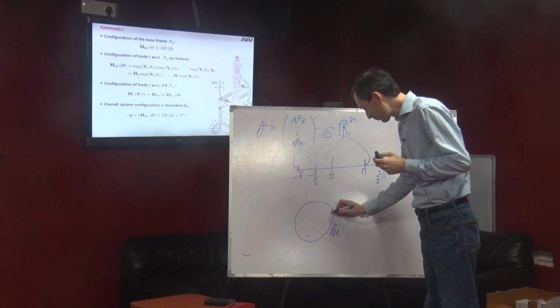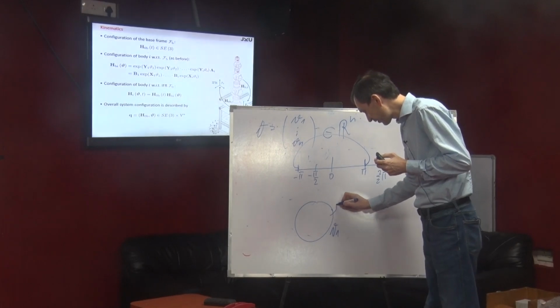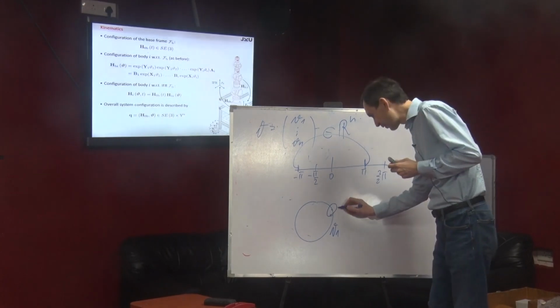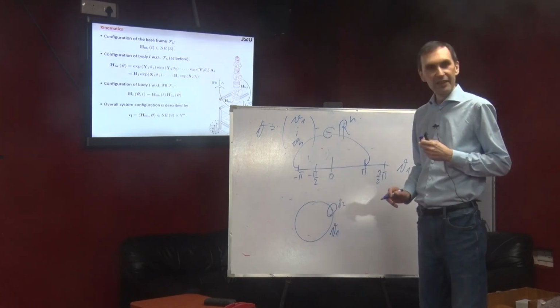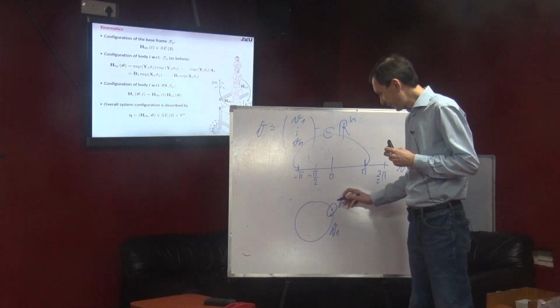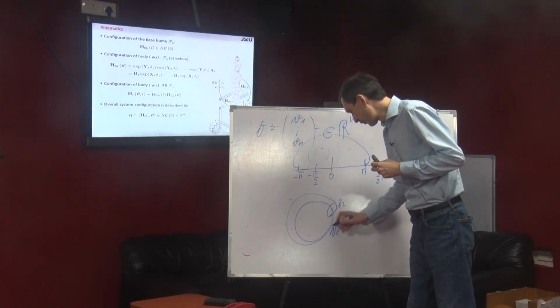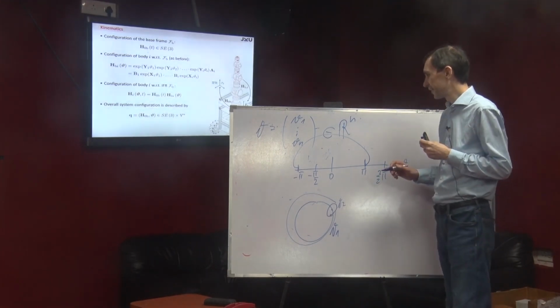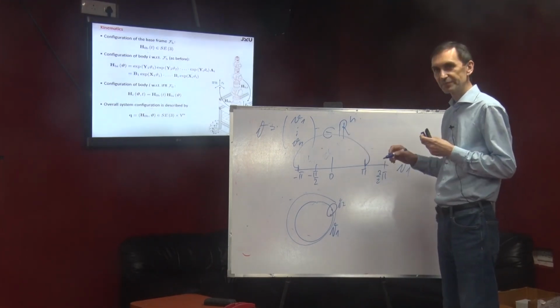Pictorially, you can imagine a circle here, and for each of these points you have this theta 2. Now if you do this for all the theta 1s, what you get is a torus, this donut. And that's why you should be careful about saying Rn.